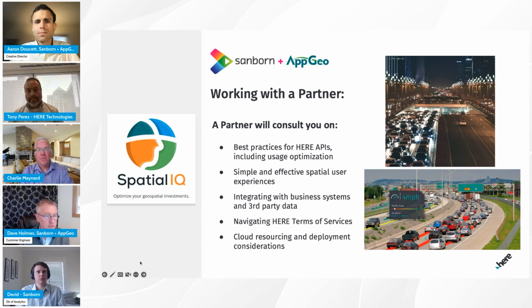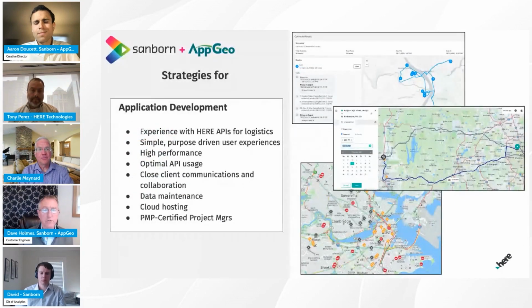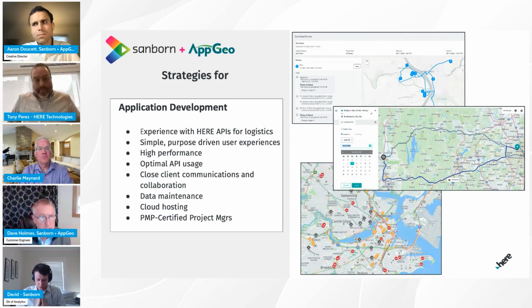HERE comes with a set of terms of service. We know these very well, and we can help you navigate those. And we can assist when consulting on cloud resourcing and deployment considerations. If you'd like to outsource an application project, we also provide those types of services. Some of the things to consider for application development are a strong experience with the HERE APIs around logistics, and again, building simple, purpose-driven user experiences that meet your needs and achieve high performance.